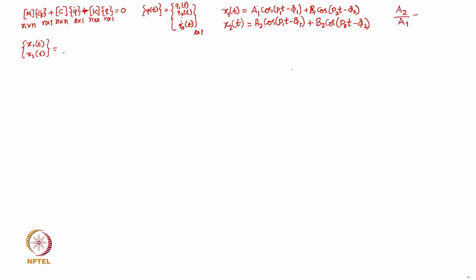So, a2 by a1 was xr1, we defined this as the mode shape, and the b2 by b1 was xr2. Okay.